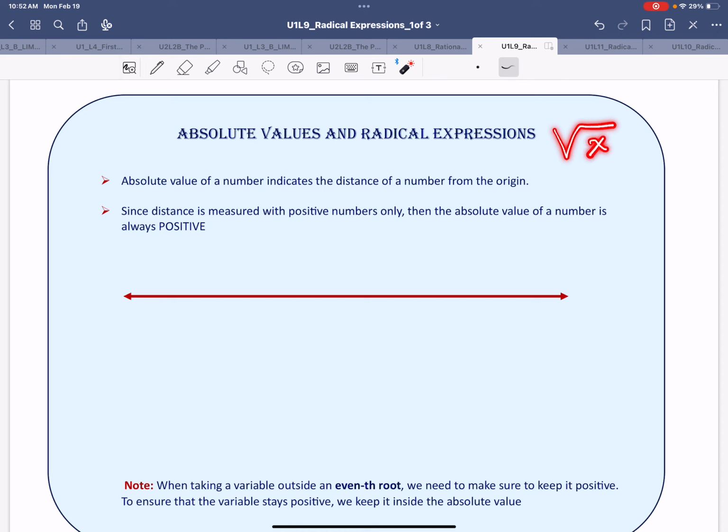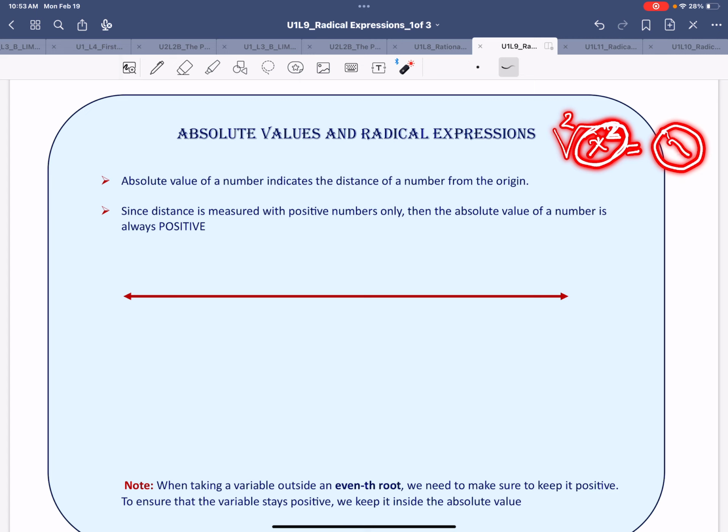Let's say, for example, we are square rooting x to the power of 2. We want to make sure that when we square root a number, the answer exists and it is positive. And in this case, it doesn't really matter if x is positive or negative. The square root of x squared will be the square root of a positive because anything brought to the power of 2 will be positive.